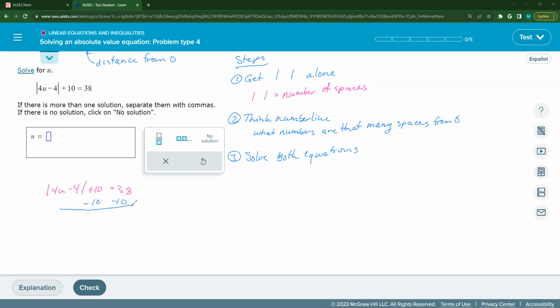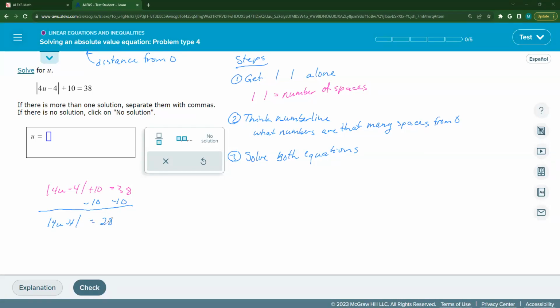Now, if I get the absolute value equals a negative number, then I can't solve it, because I can't go a negative number of spaces. Now, I was automatically changing to x, so this is a u. So we'll fix it. So the absolute value of 4u minus 4 equals 28.